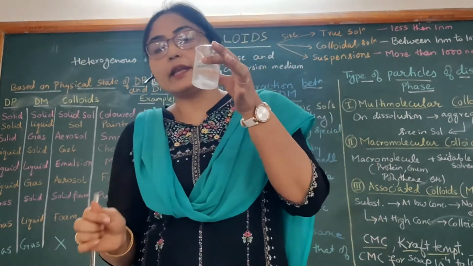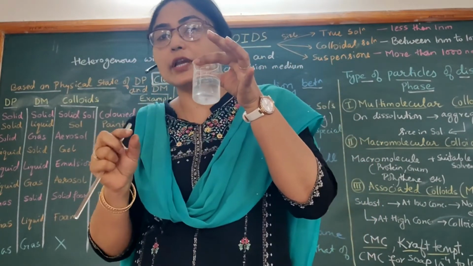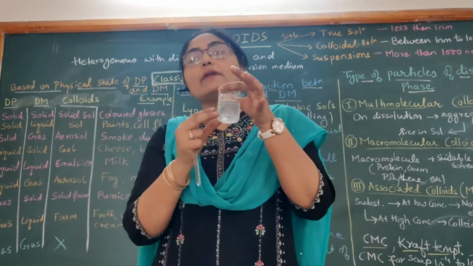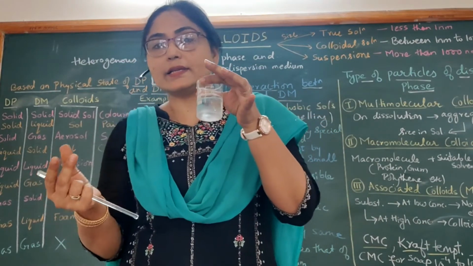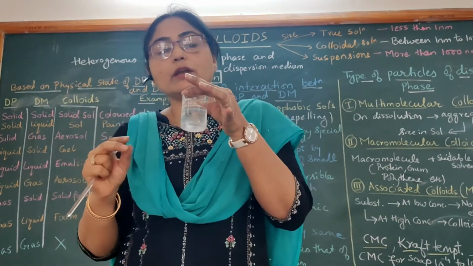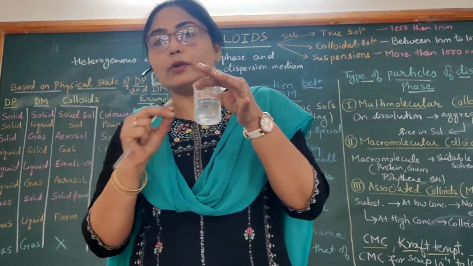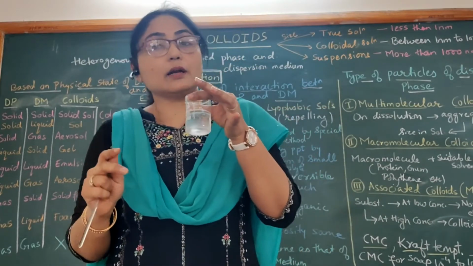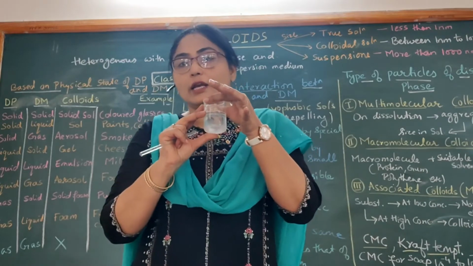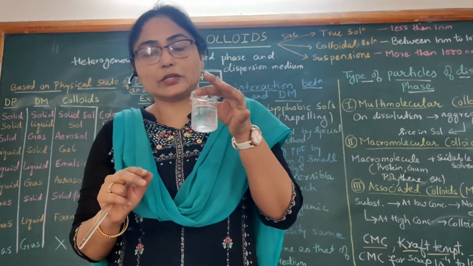After stirring, you can't differentiate where the solute, the salt, is and where the solvent, that is water, is. So this is a homogeneous solution, a true solution. From anywhere you take out a sample, the composition is going to be the same. Such a solution is known as a true solution.